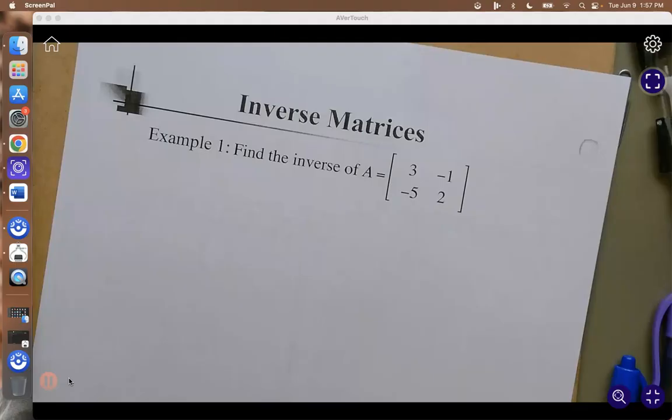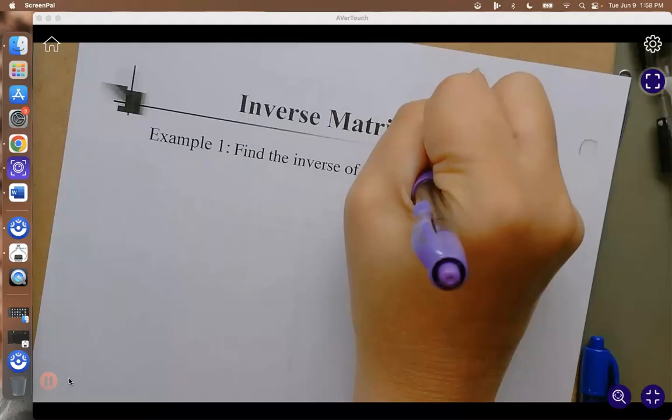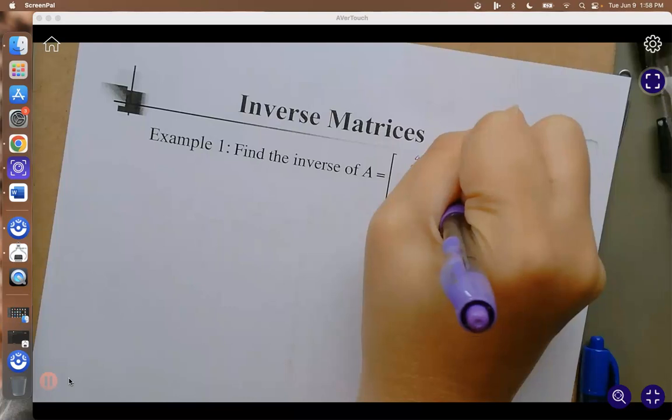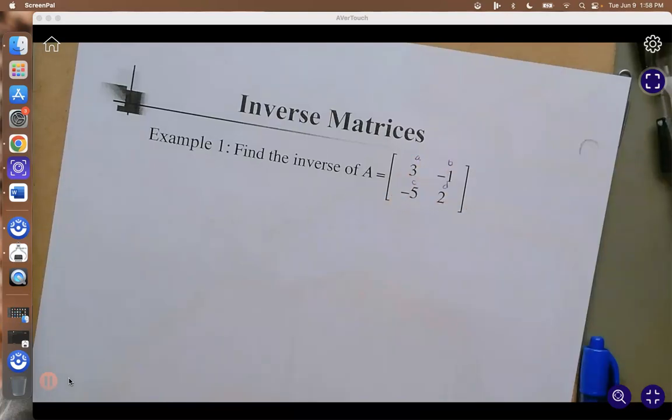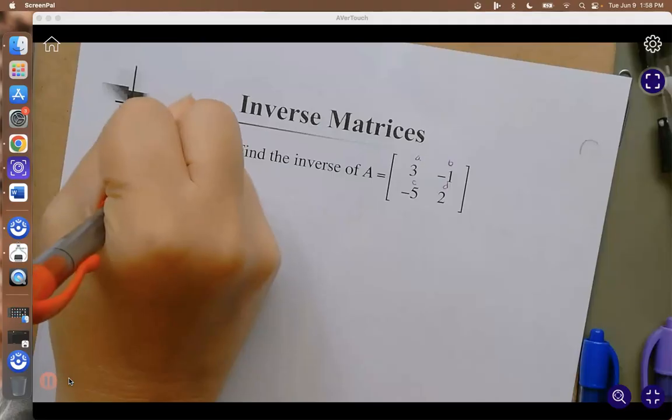Okay, so the first thing I'm going to do is I'm going to label this A, B, C, D. Okay, so the first thing I'm going to do, step 1, is to find the determinant.